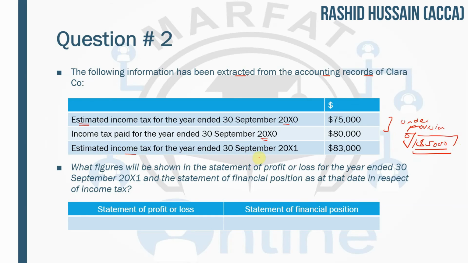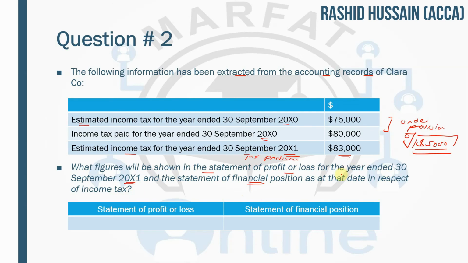Estimated income tax for the year ended 30th September 20x1 is 83,000. This is the current tax provision. Tax provision for the current year. What figures will be shown in the statement of profit or loss and in the statement of financial position in respect of the income tax for 20x1?